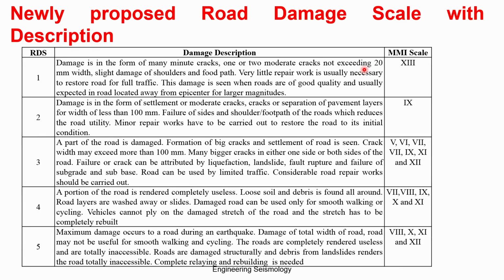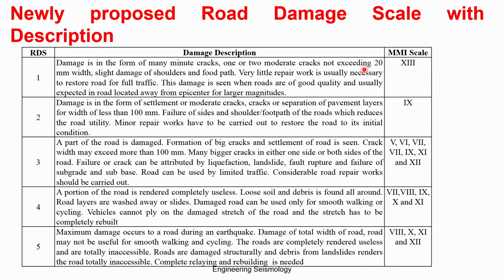Similarly, RDS 2, where minor repairs are required, and the damage was slightly larger than RDS 1. Similarly, RDS 3, where part of the road is settled and blocked, but still you can access the road. This kind of thing happens mainly due to liquefaction, fault rupture and landslide.